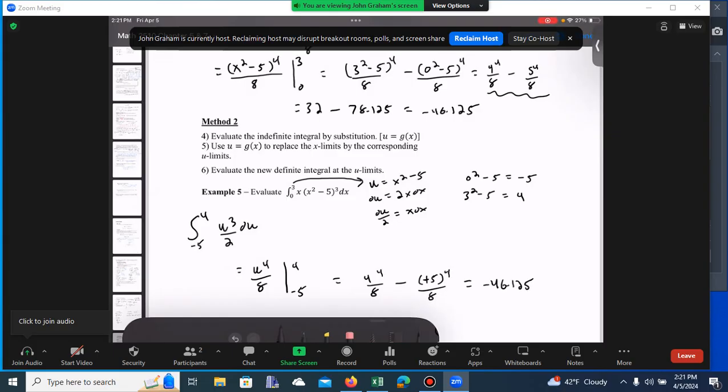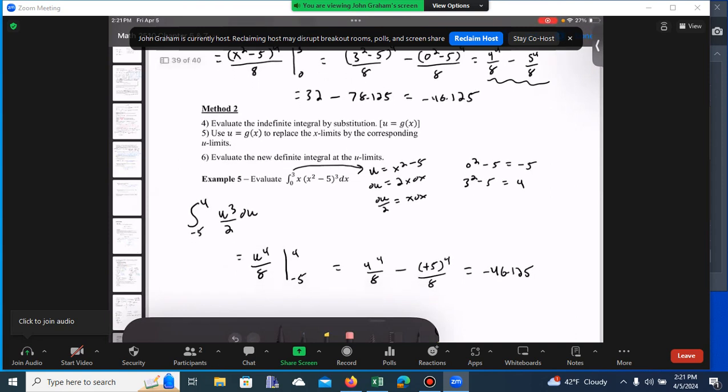So being able to insert new limits can be helpful. I feel like that second method was the easier method because it wasn't hard to get those new limits. If it's too hard to get those new limits, then maybe the first method's the way to go. It really depends on the problem.